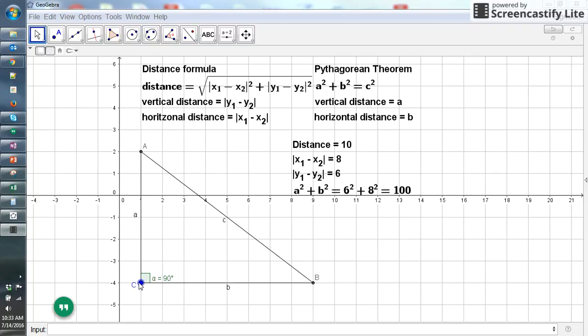I could just draw a horizontal line all the way down, or a vertical line all the way down until I get to B, or a horizontal line all the way over until I get to A.